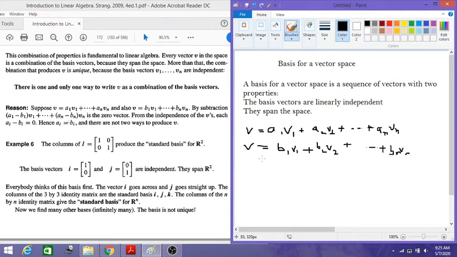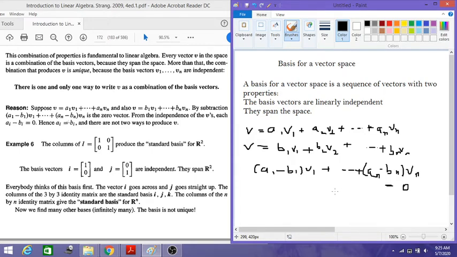If you subtract both of these, then I have (a1 minus b1) v1 plus etc., plus (an minus bn) vn equal to 0, the zero vector.